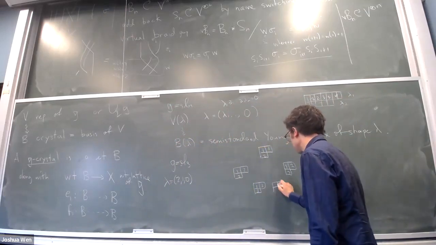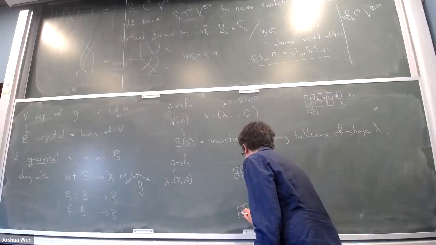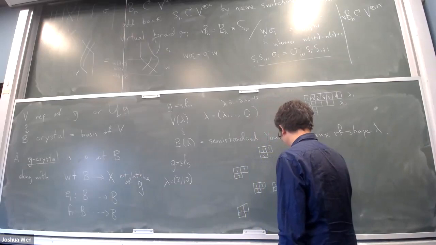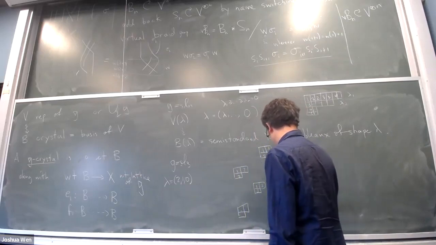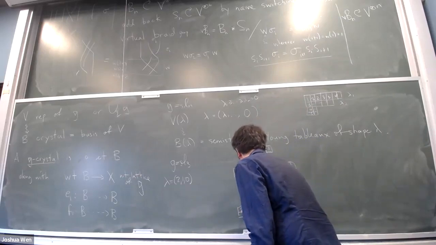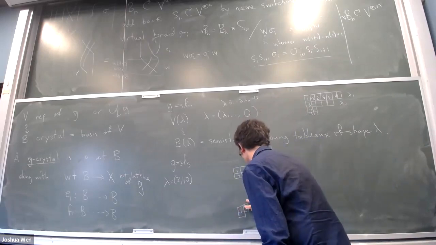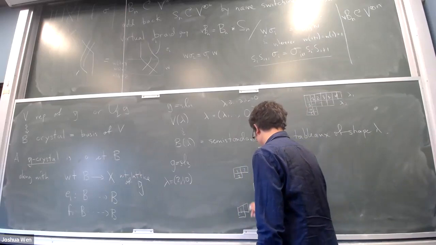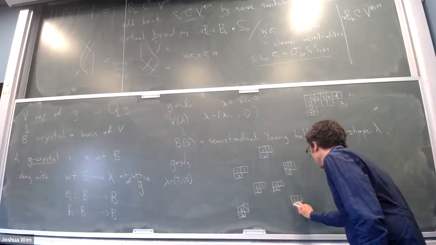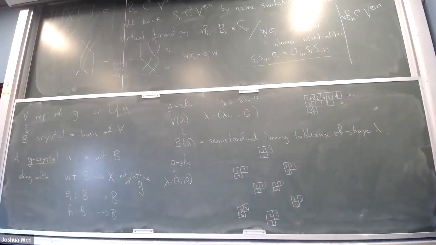I'm arranging them according to their weights. Those are all the 8 semi-standard Young tableaux of that shape.